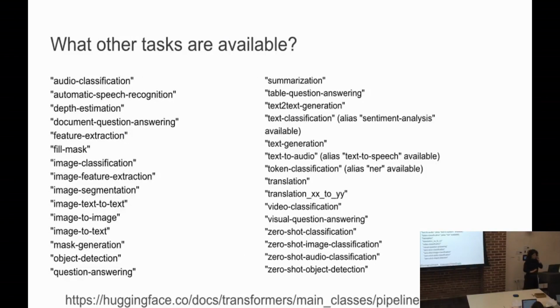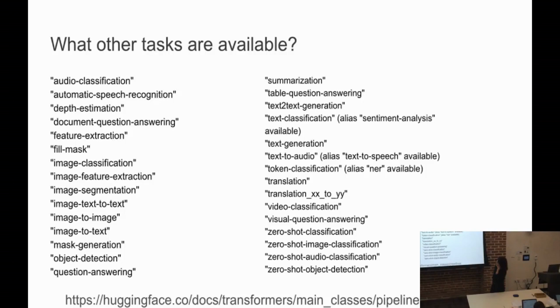So what other tasks are available? Actually, guys, I looked this up yesterday. Some of them, I don't know what they are, but they look quite interesting to me. So, audio classification, automatic speech recognition, depth estimation, that's probably for images. Document question answering, that one, I think the document is an image.